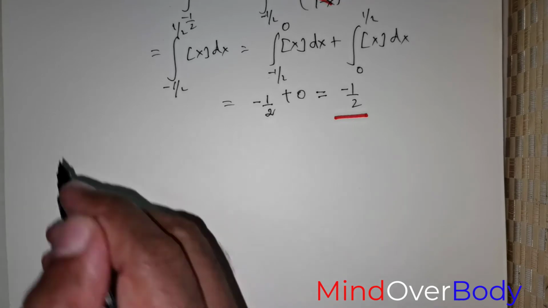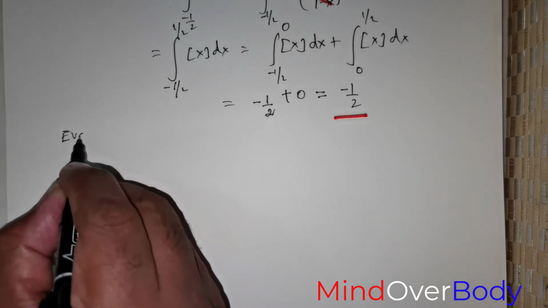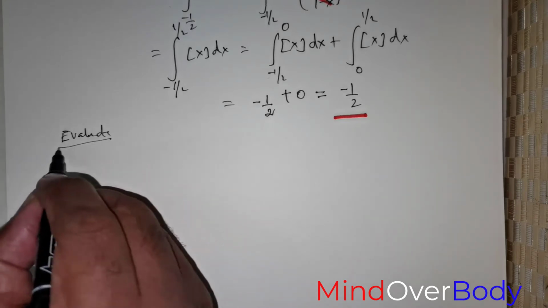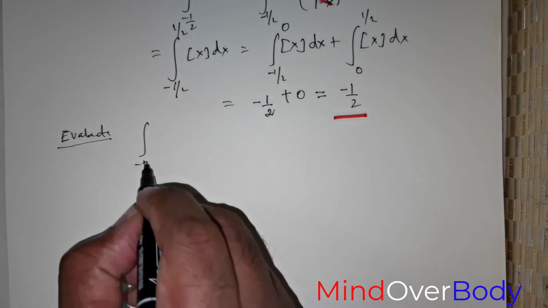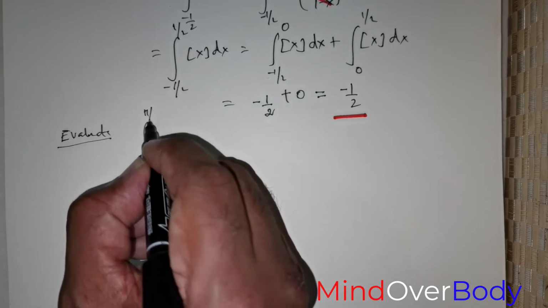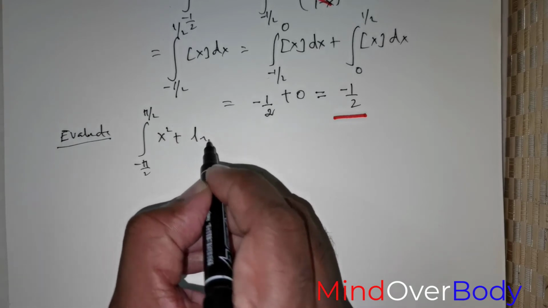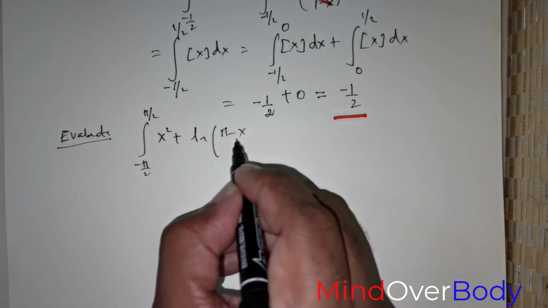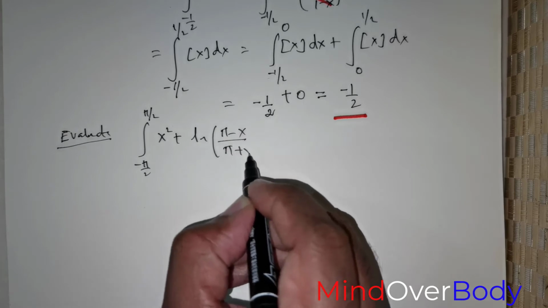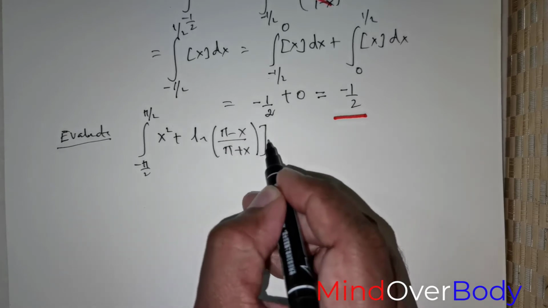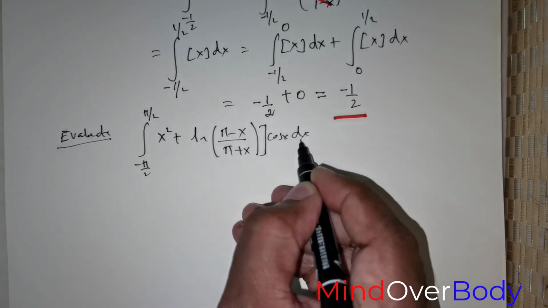Students, we are given this question. It's a beautiful question. To evaluate the integral from negative pi over 2 to positive pi over 2 of x squared plus ln of (pi minus x) over (pi plus x), times cos x dx.